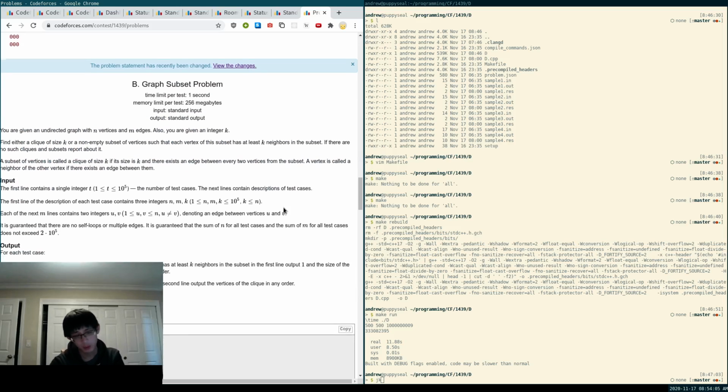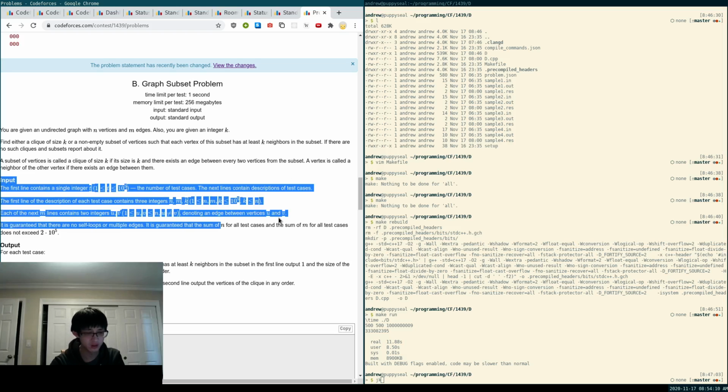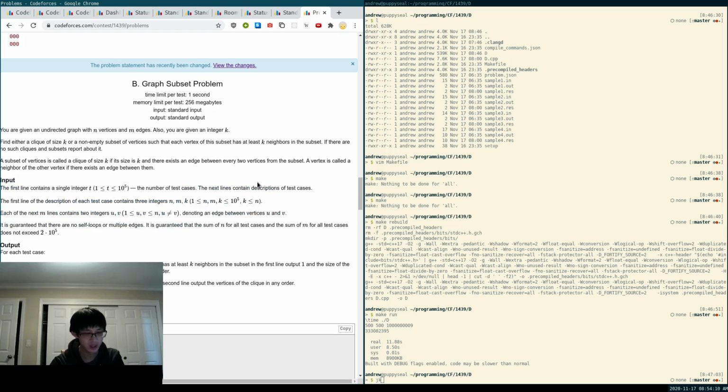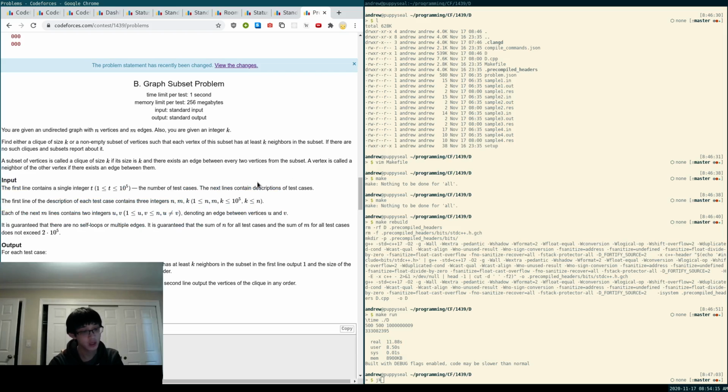Problem B I also thought was kind of tricky. I don't really have a great solution. So my solution is, first of all, any node that has degree at most k minus 2 is totally useless, because everything in the clique has to have degree k minus 1, and everything in the subset has to have degree k.